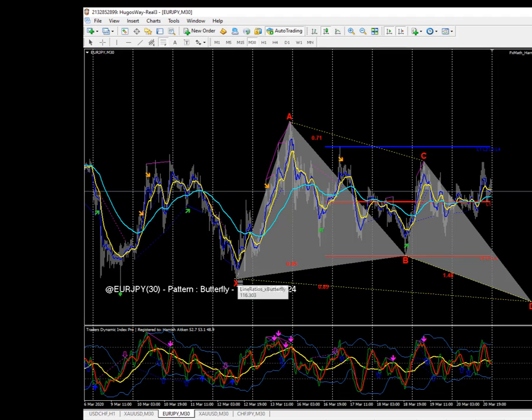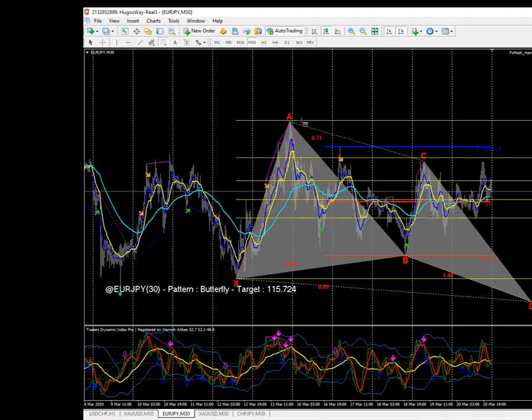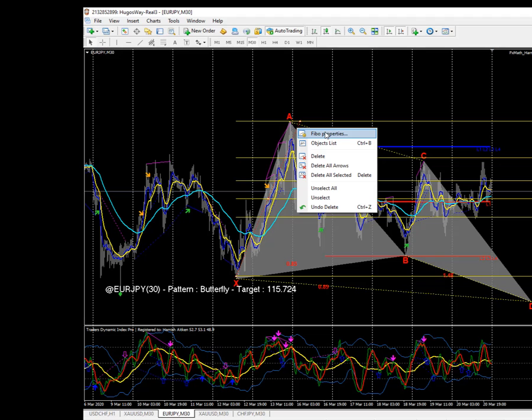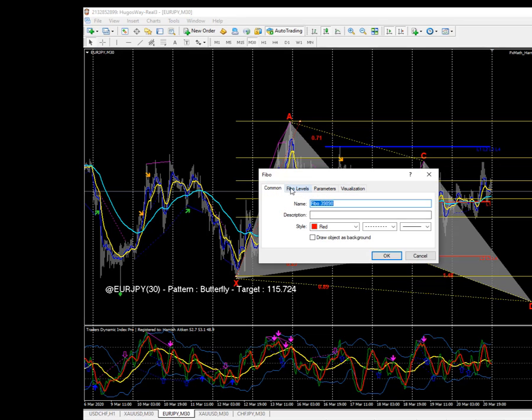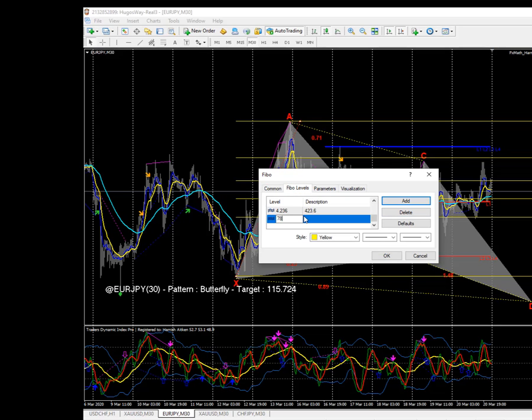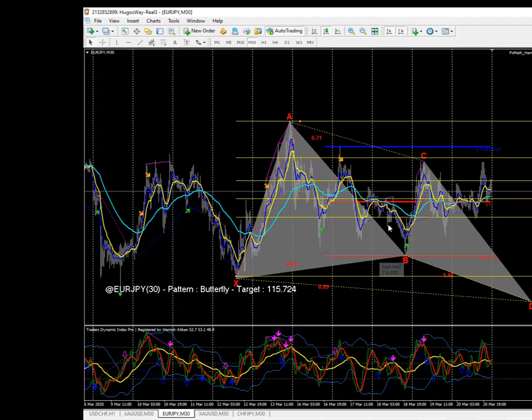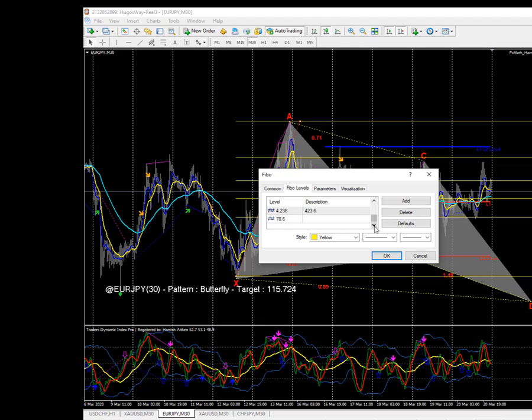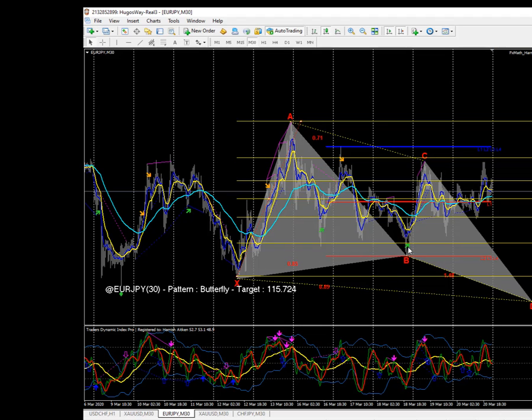Fib retracement from X to A. Seems like I need to add the 78.6. 78.6, and there it is.